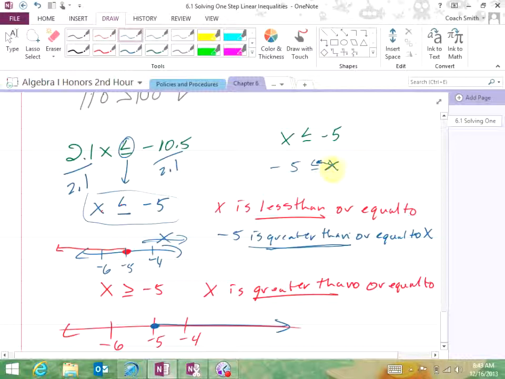So when the variable is on the right side, the arrow will be opposite of the way the inequality sign points.